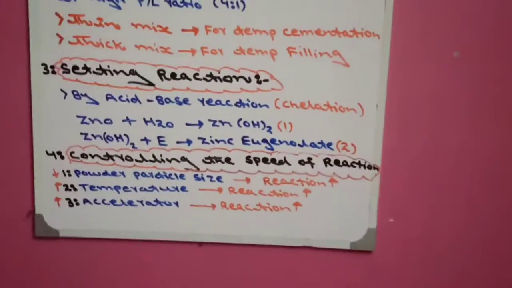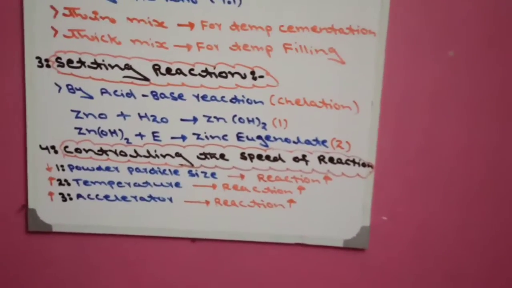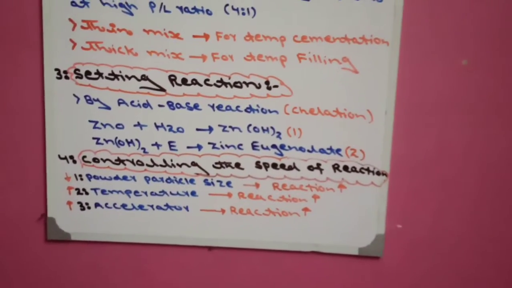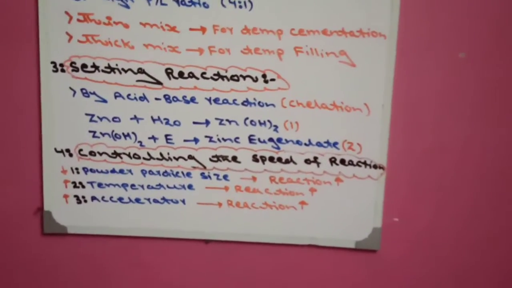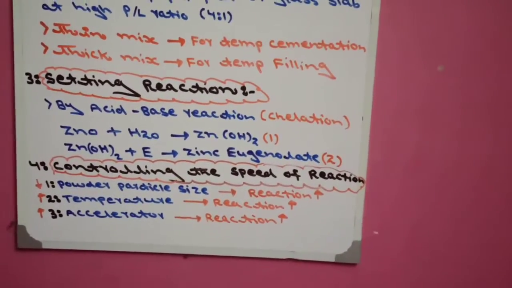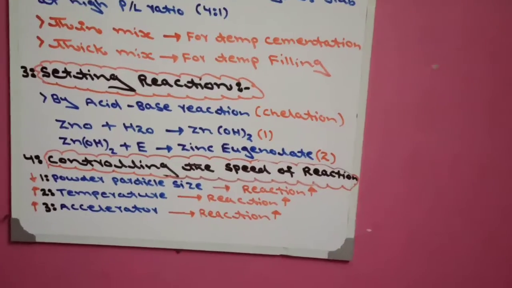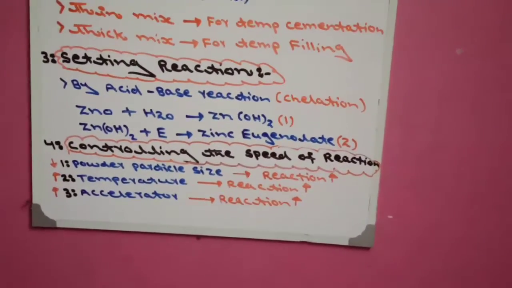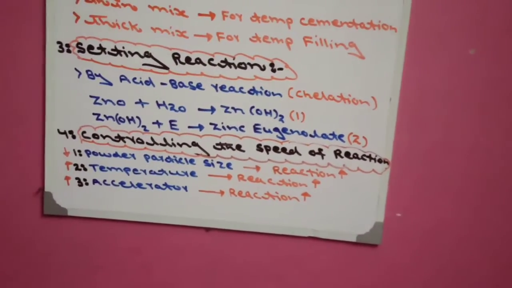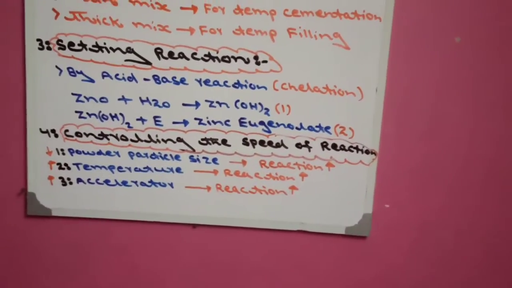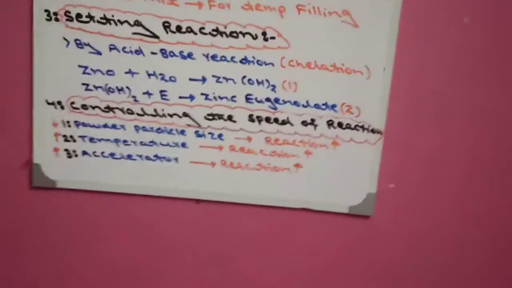Now, if we do clinical work on a patient in cold condition, in cold weather, then the reaction speed of zinc oxide eugenol will be low. But if we work in warm condition on a patient, then the setting of zinc oxide eugenol will be fast due to high temperature.